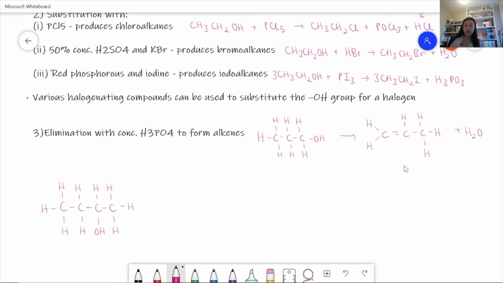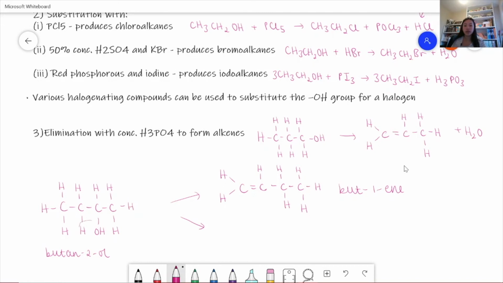And from butan-2-ol, we can actually have 2 products. So the first is but-1-ene. So if the double bond forms here, then we'll have but-1-ene. However, we can also have the double bond forming the other way.